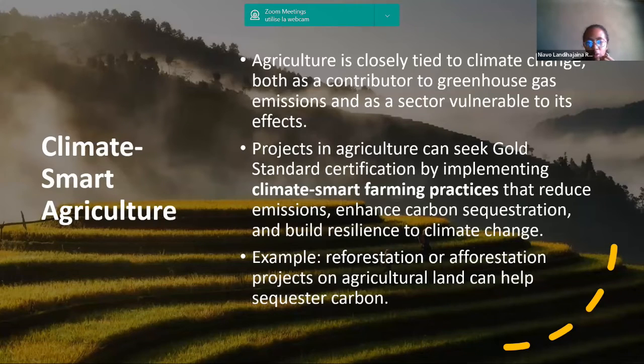For example, reforestation or afforestation projects on agricultural land can help sequester carbon. Sequester carbon means that the carbon for each year will be quantified and then offset.